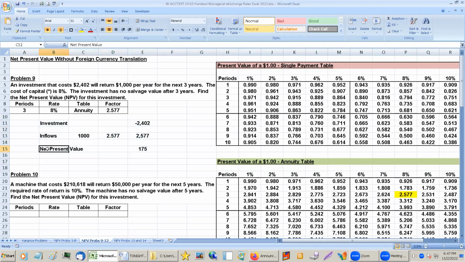Okay. So this is the net present value, and as long as this is positive, you would accept, you make the investment. As long as this is positive.